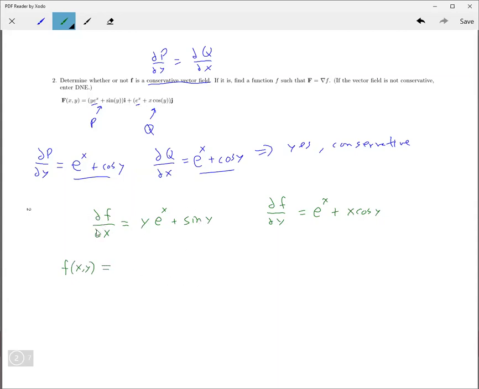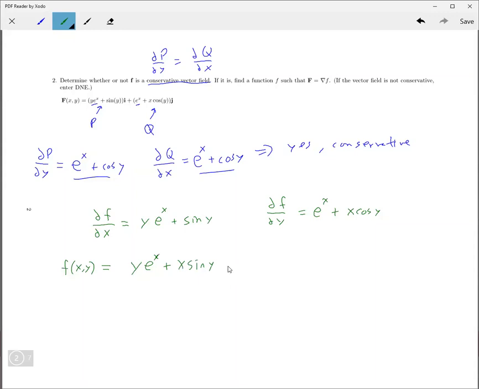So now what we do is we figure out what that f is. You kind of take an antiderivative, but an anti-partial derivative. You think what function f, when I take the partial with respect to x, would give me this. So just integrate in x, so that's e to the x, and then this is x sine y.